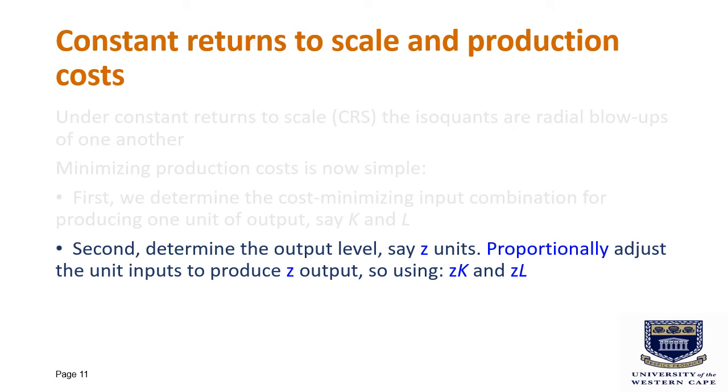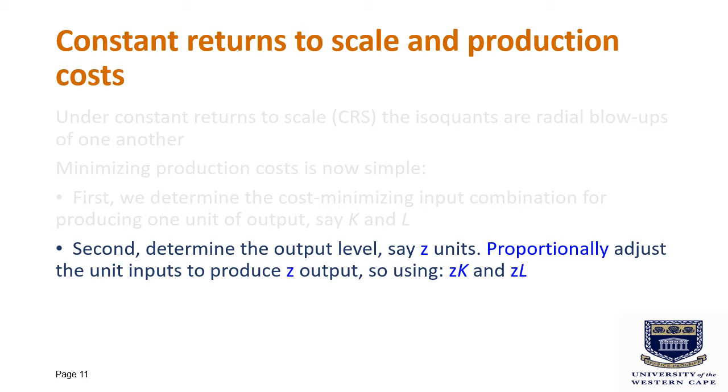So this is what I'm basically saying, right? This is the second step. When you increase your output by Z units, then proportionally the units of inputs that you use to produce the Z amount of output are also going to increase by that same amount, right? 100% increase in output, 100% increase in terms of capital, 100% increase in terms of labor.